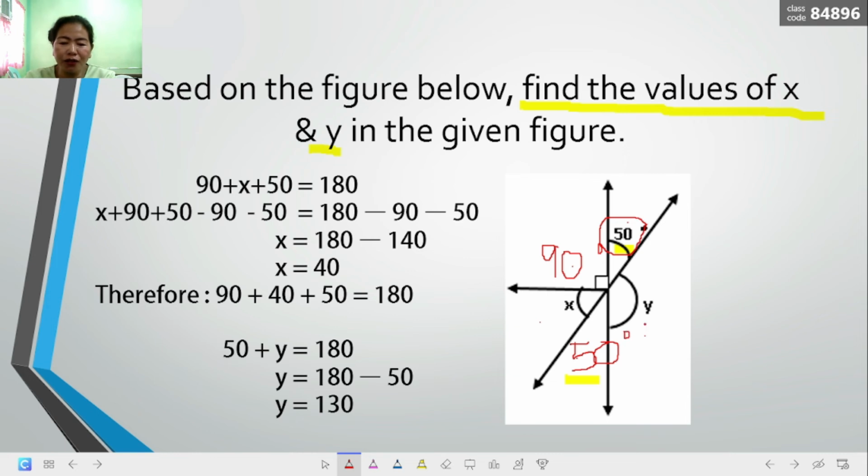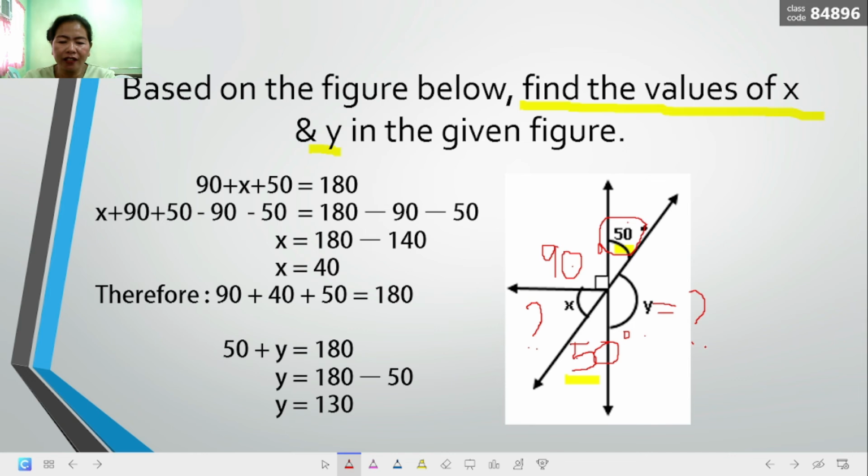So there are two known measurements already, the 90 degrees and this part here, which is 50 degrees. So ang problema na lang nato is only the measure of angle X.